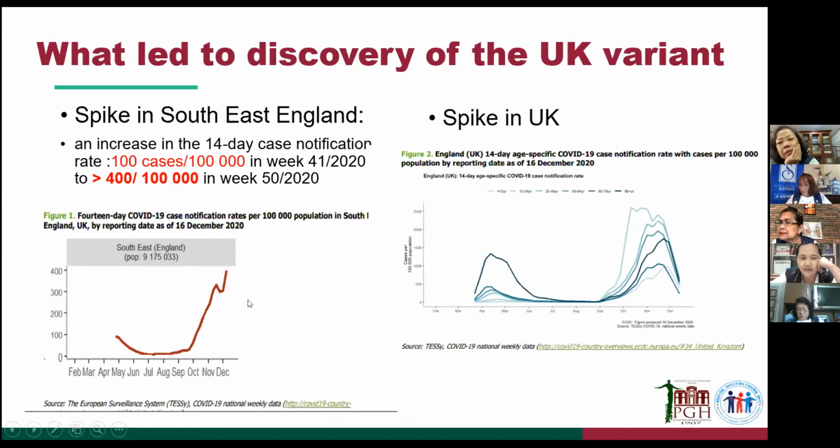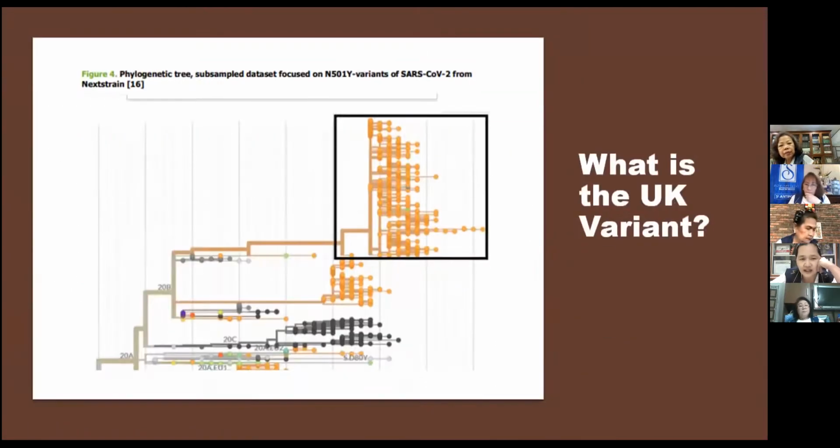And when they eventually looked at the occurrence in the entire UK, parang nagkaka-spike talaga. So from the usual 100 cases a week, biglang naging more than 400 per 100,000 population dun sa area na dun. So they intensified genomic sequencing, and that led to seeing na yun palang nandun sa Southeast in UK, maraming mutations they noted, and they started calling this a separate variant.